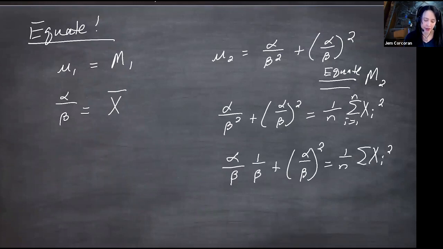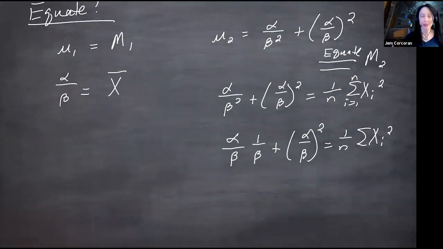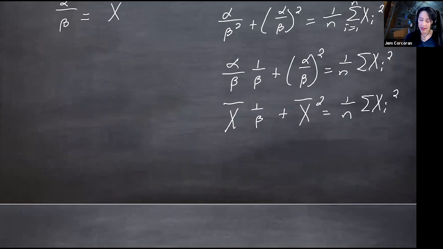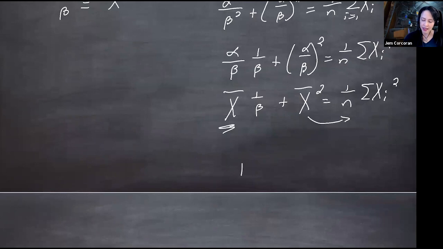But you do whatever you have to do to solve for alpha and beta. If it comes down to solving alpha in terms of beta and plugging it in, that's okay too. But going back to the right-hand side, this is going to be x bar times 1 over beta plus x bar squared is equal to 1 over n, the sum of the xi squared. And solving for beta, I'm going to subtract this term over there, divide by this term, and then flip everything.